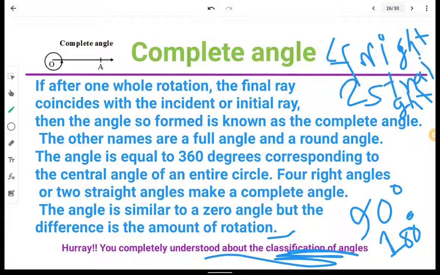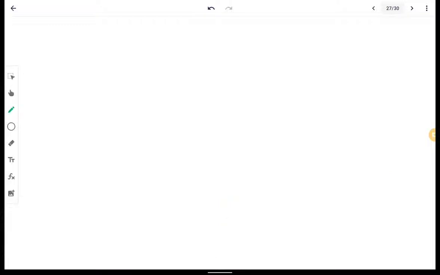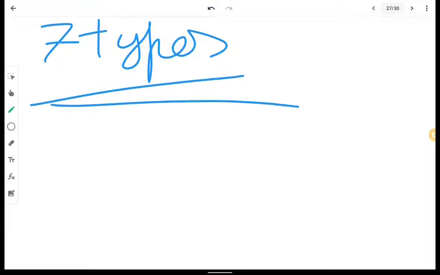The classification was this much easy. Now, let us summarize. Angles can be divided into 7 types. So, how many types? 7. And what are they?